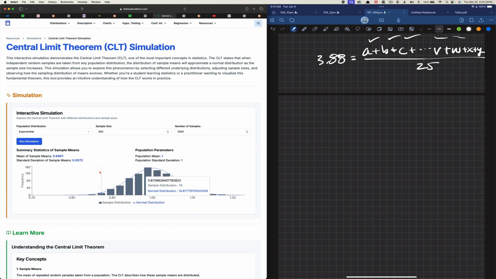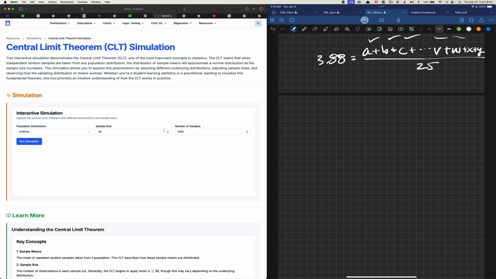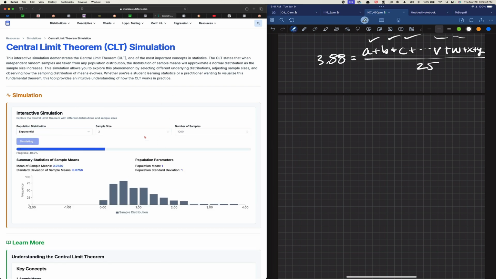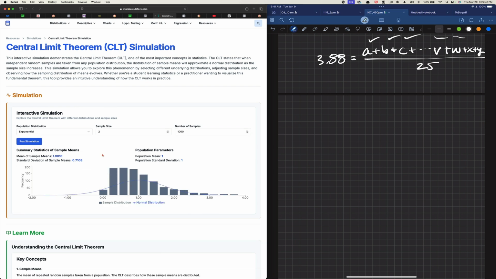Okay, I guess we could look at the actual standard deviation. Here's 0.0572. The first one was just a sample size of 2. We have a standard deviation of 0.7. Okay, so let's bump it to 30.